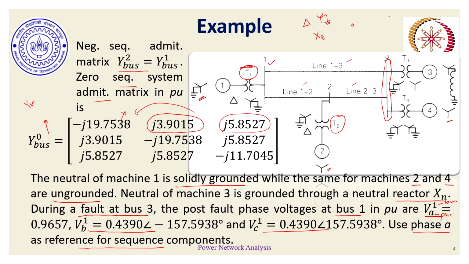So if we have on the LV side delta and HV side star grounded, then I denote the LV terminal and the HV terminal while drawing the zero sequence impedance diagram, wherein ground acts as a reference, whereas for positive and negative sequence networks, the neutral can act as a reference, and there is a big difference between positive, negative and zero sequence network connections.